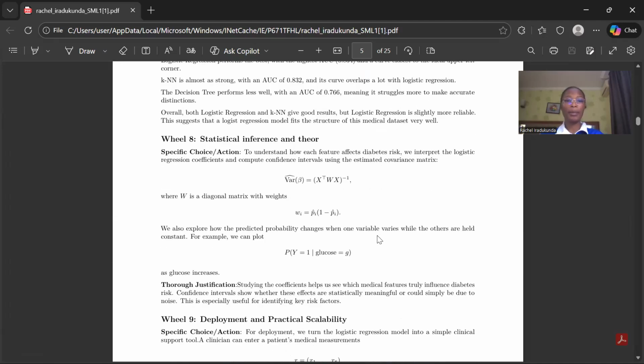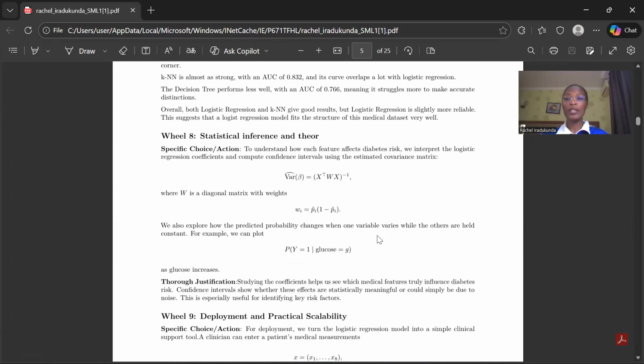At number 8, this is where we show the statistical inference and the theory. Here we understand the features, or the independent variables, and also find their parameters. After finding the parameters, we compute the variance and also the confidence interval. We calculate it by using this formula.